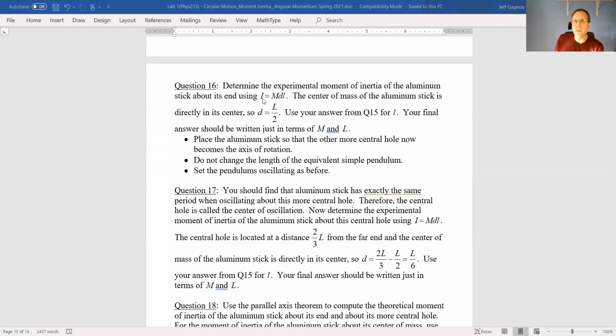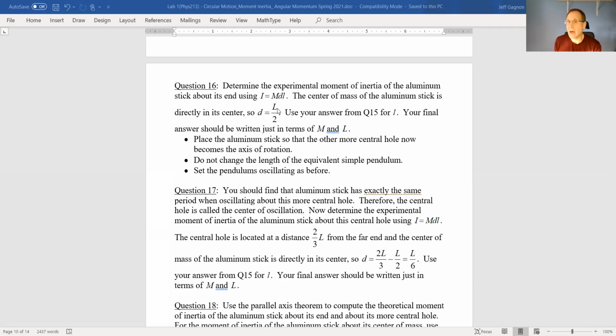Remember, the formula we derived was I experimental is the mass of the aluminum stick times D, which is the distance from the rotation point to the center of mass, times little l, which is the length of the equivalent simple pendulum. We know that it's a uniform aluminum stick, so the center of mass is right in the center. So the D here is going to be the length of the aluminum stick, capital L over 2.